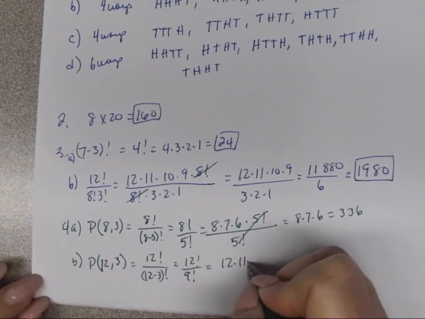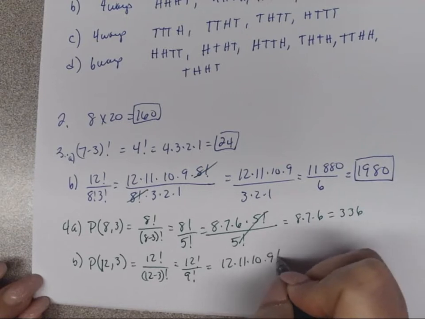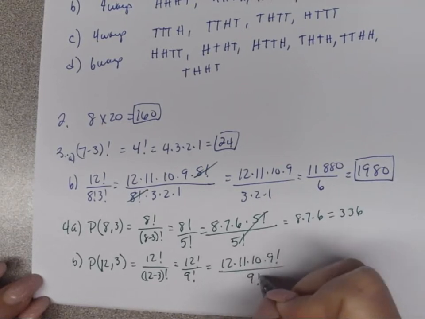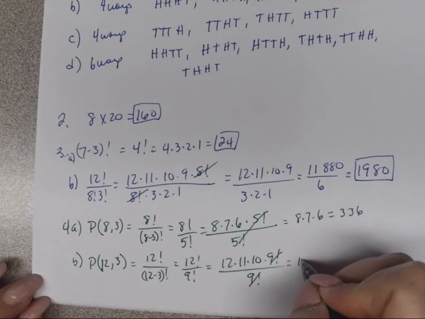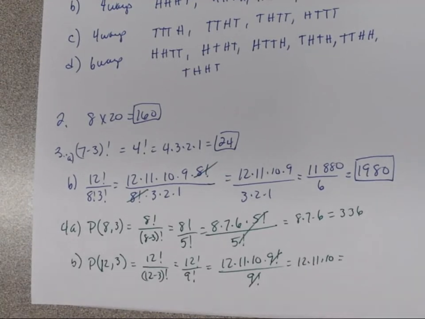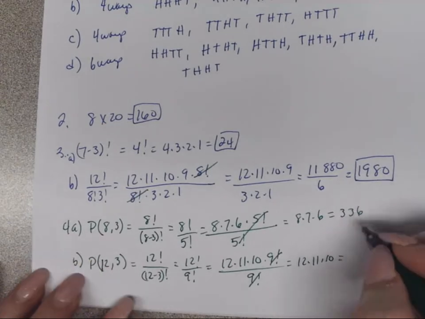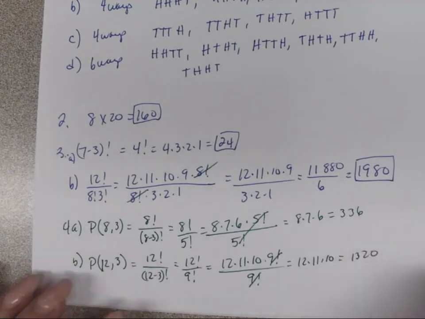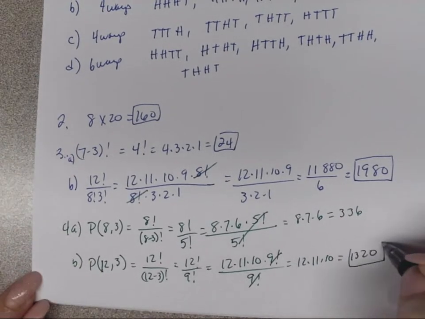So 12 times 11 times 10 times 9 factorial over 9 factorial. So we have 12 times 11 times 10, and when we multiply that out, we'll get 1320. So those are our answers for that.